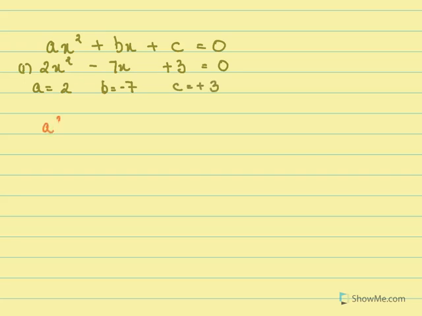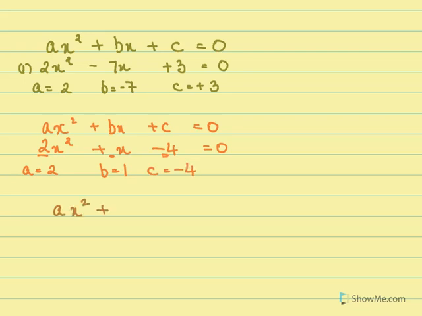If I'm given another equation, so here I have 2x square plus x minus 4 equal to 0. In this case we will see that a equal to 2, b equal to 1 and c equal to minus 4.